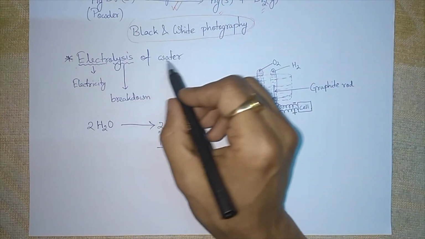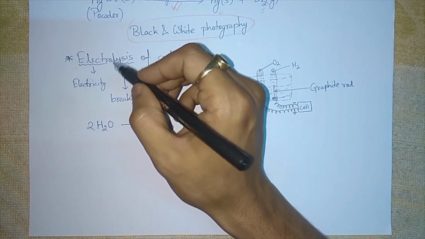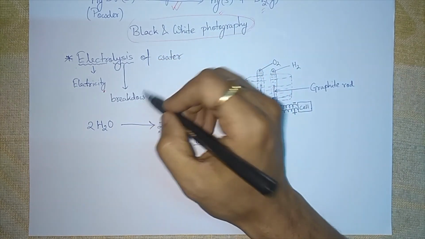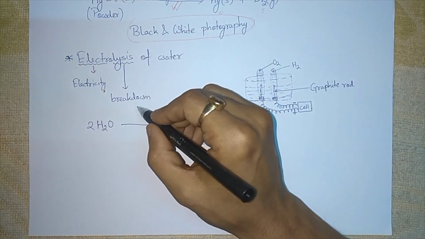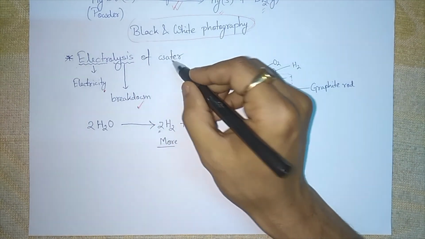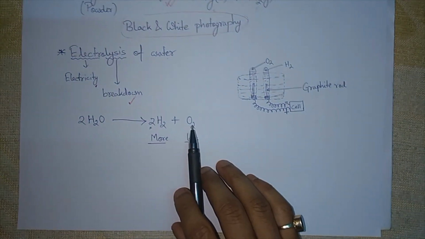Now here comes electrolysis of water. Electrolysis is comprised of two words, electricity and breakdown. Electro means electricity, and lysis, always remember, means breakdown. So breakdown of water in presence of electricity is electrolysis of water. Here is the process.